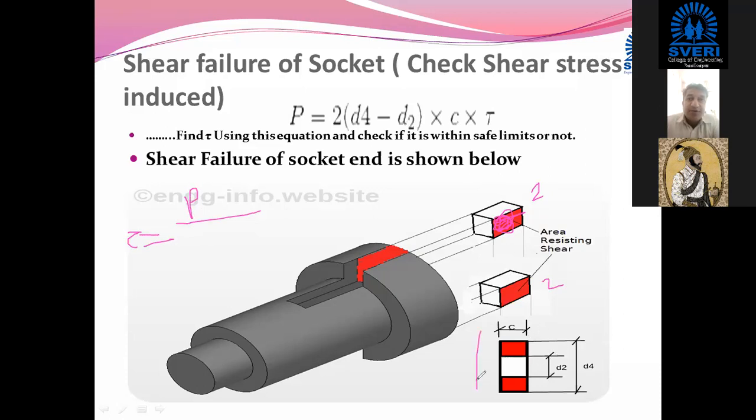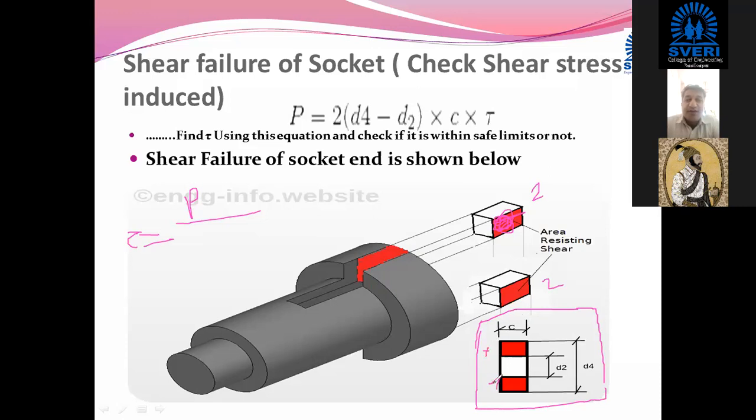While you are going to calculate this area, you can see this small diagram. This area can be calculated as width multiplied by height. Width is C and height is X here and Y here.